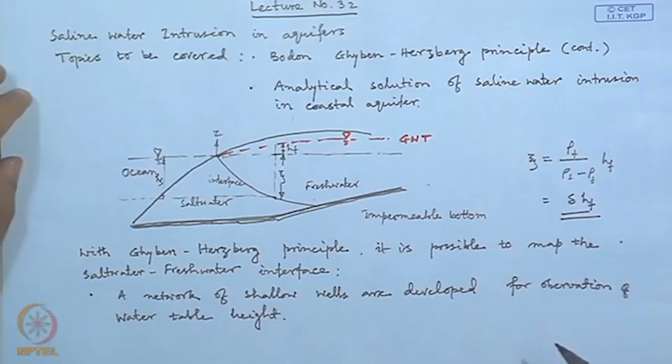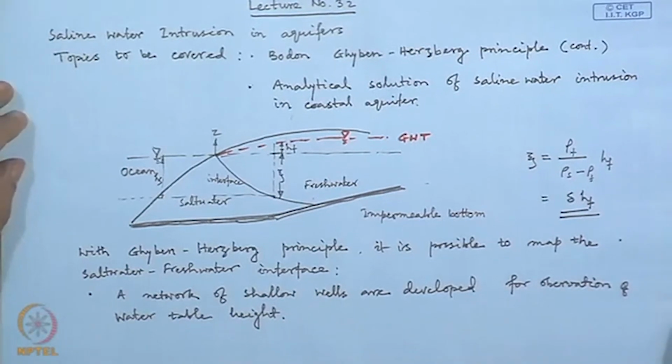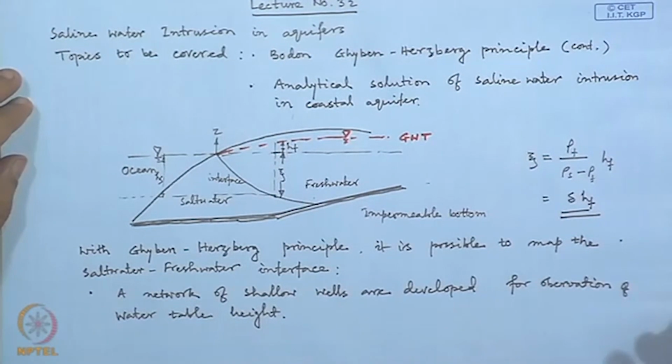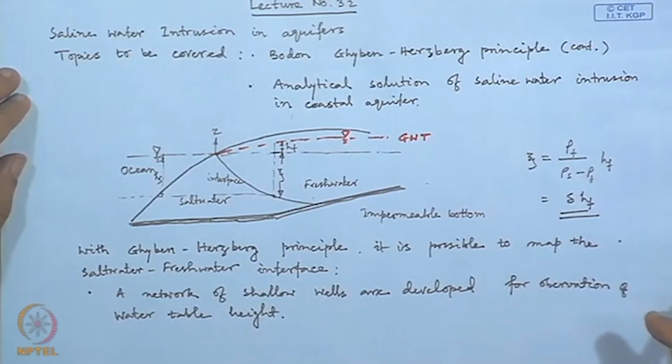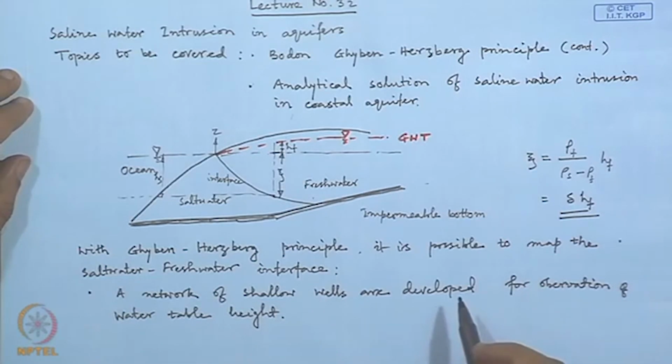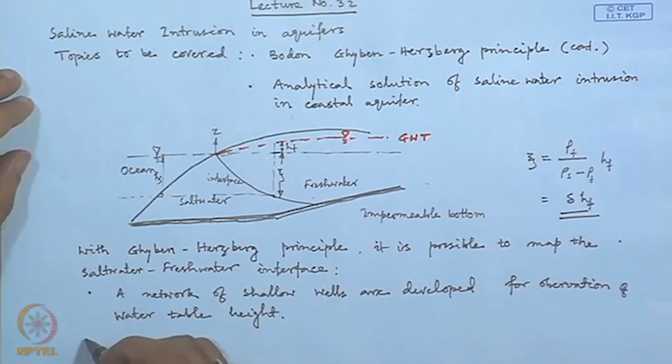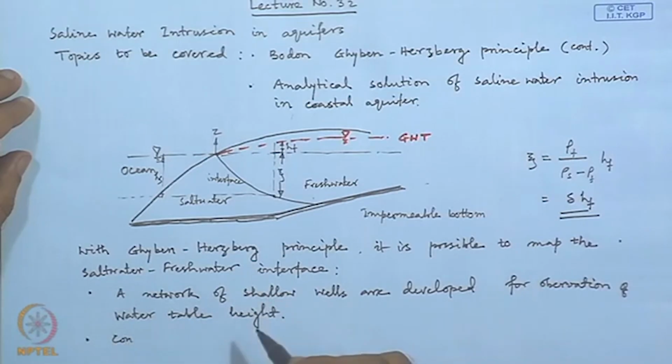So, first of all, we need to install some good number of piezometers in the field to identify the location of the groundwater table locally. Next thing is that we can use contour plotting for this groundwater table height distribution.